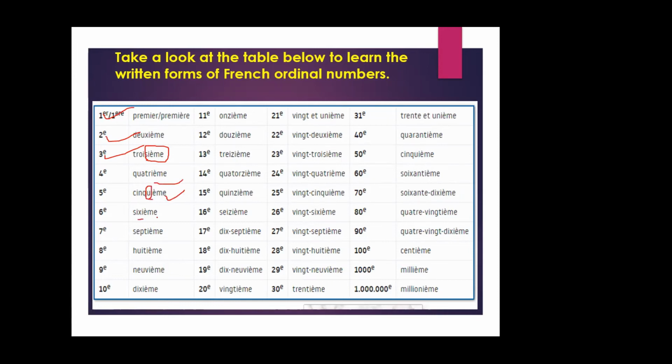In the case of six, sixième, septième, huitième, neuvième. For F, in place of F there will be V. Dixième, and the rest remains the same. All you need to do is add the suffix. For numbers ending with E, there will be a drop. Same for onzième, douzième, treizième, quatorzième, quinzième, seizième, dix-septième, dix-huitième, dix-neuvième, vingtième.